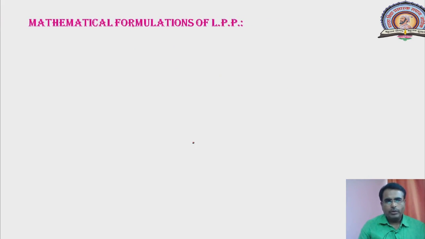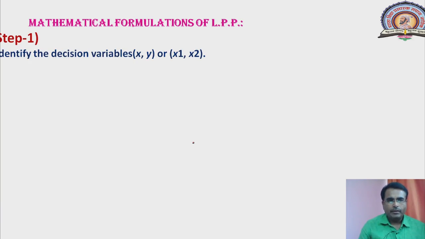That is, we are going to consider some steps in mathematical formulation of a linear programming problem. Step 1, identify decision variables. Initially we have to decide which variables may be involved in the corresponding problem.